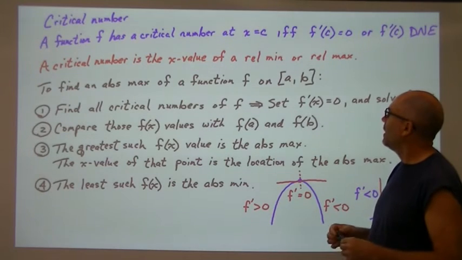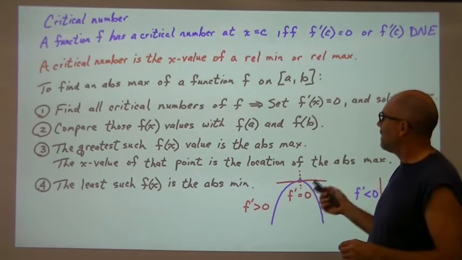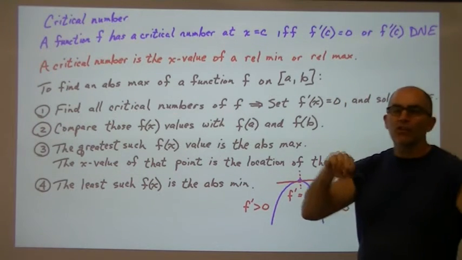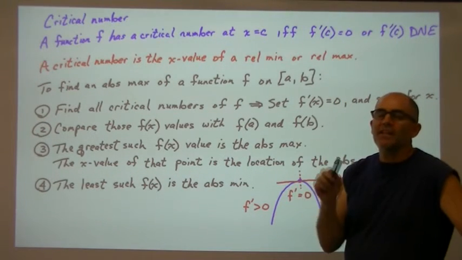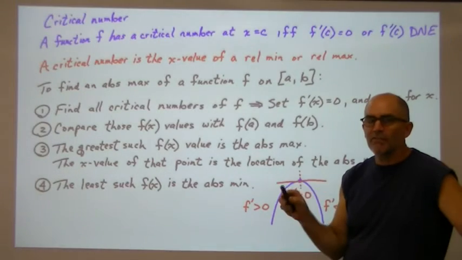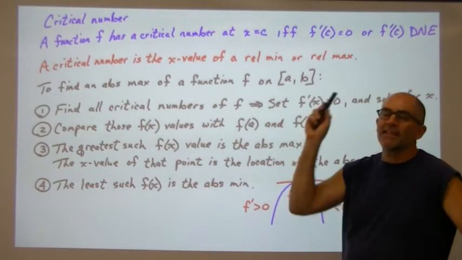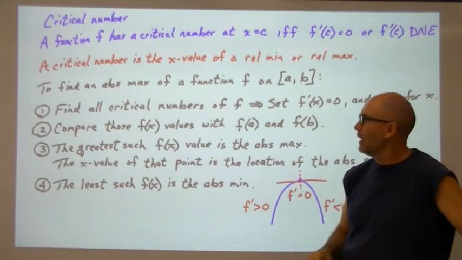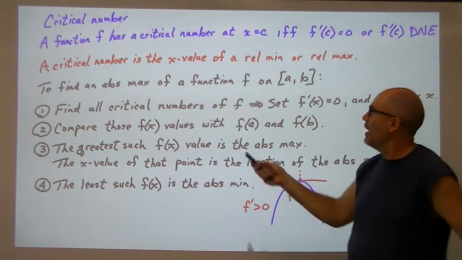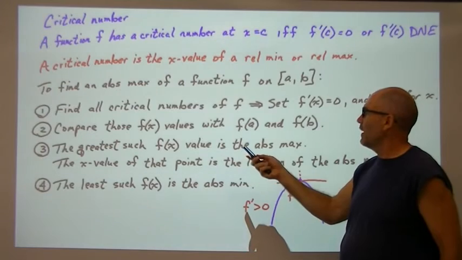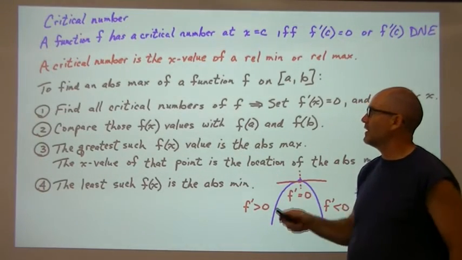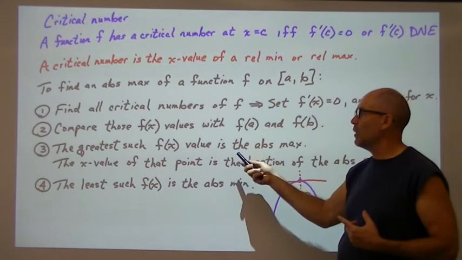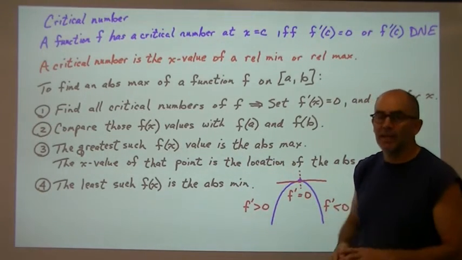Now, sometimes your absolute max will be the relative max. Sometimes the relative max will not be the absolute max, but the endpoint will be higher than the relative max. So you have to compare the endpoints with the relative maxes to find the absolute max, and you have to compare the endpoints with the relative mins to find the absolute min.